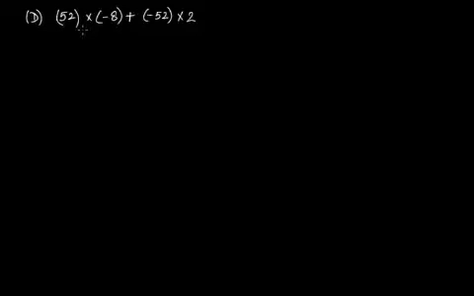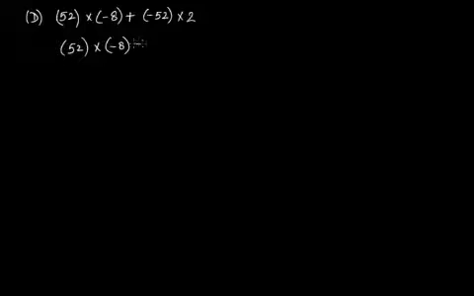Now observe this question very properly and focus on this, and you will find that you have 52 and here minus 52, as these are common. Okay, these are common numbers, but here you have a minus sign with the 52. So what we can do is, we can write it like this. This is 52, this is times minus 8, right?